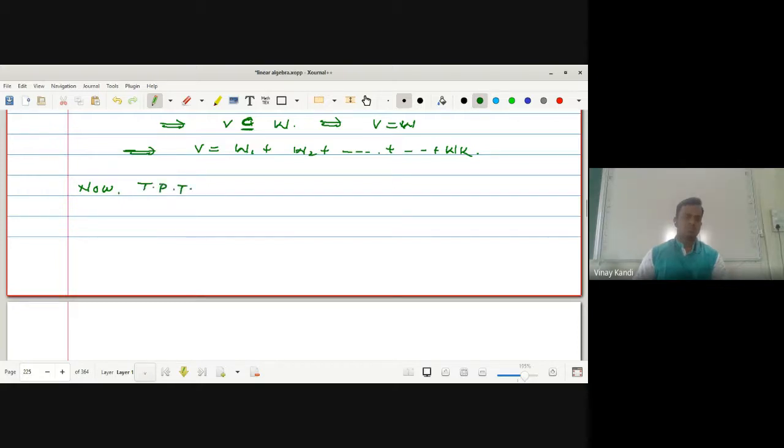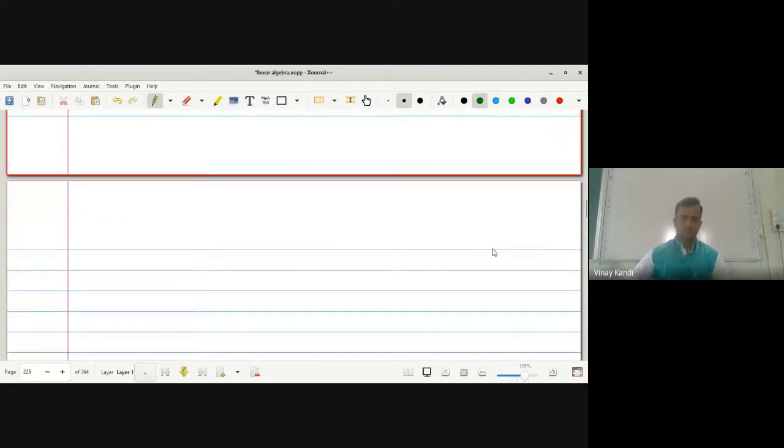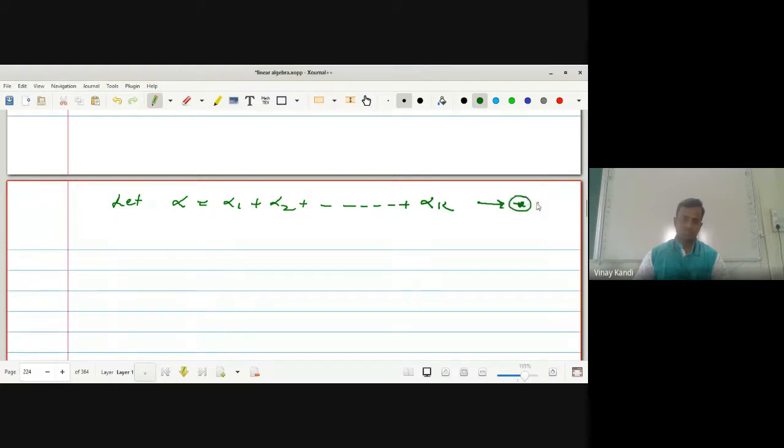To prove that alpha has a unique expression as a sum of elements of W1, W2 up to so on WK, let alpha be equal to alpha 1 plus alpha 2 plus up to so on alpha k. Suppose this is equation star.